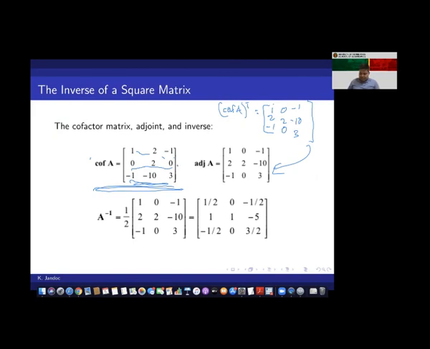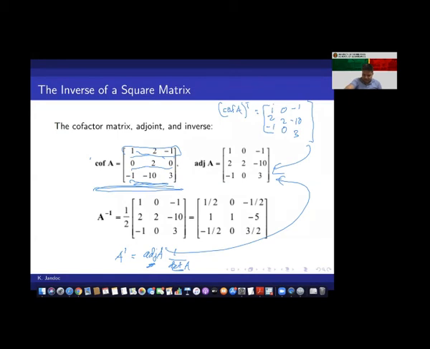The result from a while ago says that the inverse of A is simply the adjoint of A divided by the determinant of A. We know the adjoint, but how is the determinant of A computed? Take the original matrix A and multiply any row or column by its associated cofactors, and then you'll get the determinant. So let's go back.